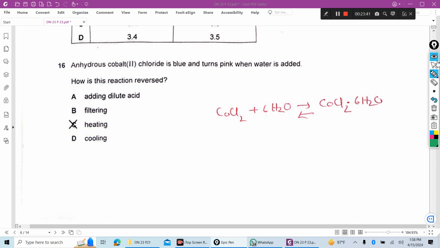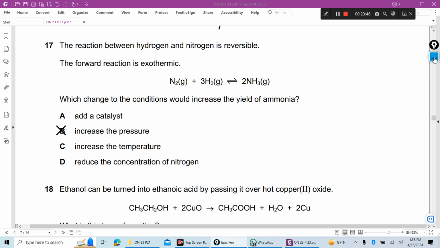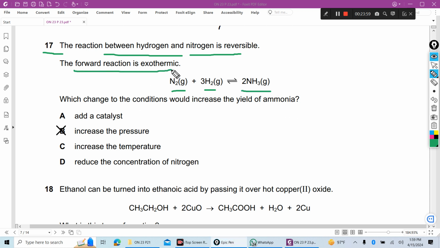Now the reaction between hydrogen and nitrogen is reversible. Nitrogen and hydrogen produce ammonia. This is a reversible reaction, and the forward reaction is exothermic, meaning delta H value will be negative. So which change to the condition would increase the yield of ammonia?